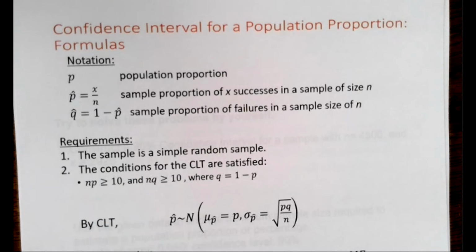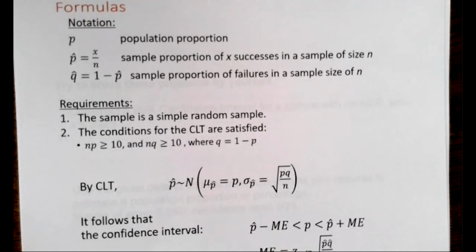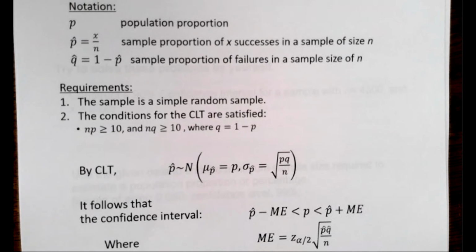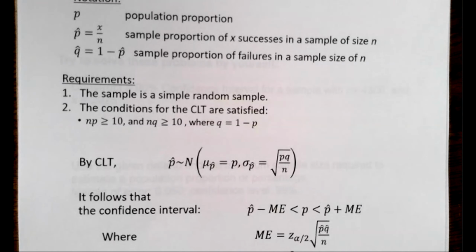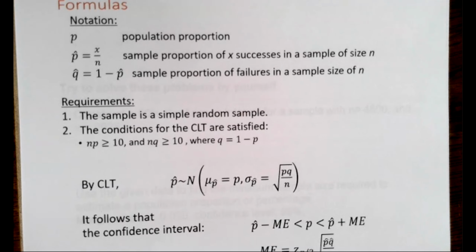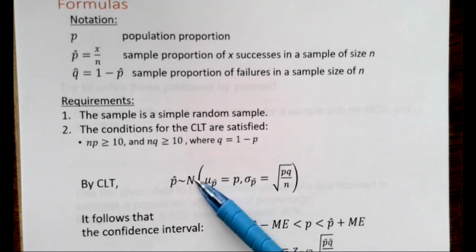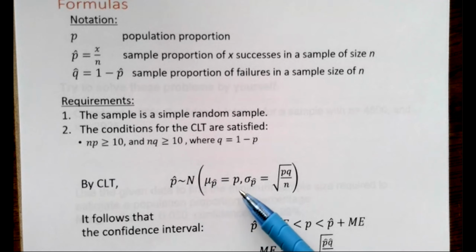That ensures that we have a normal distribution of the proportion of success. So we're going to use a normal distribution in order to find our critical values, right?